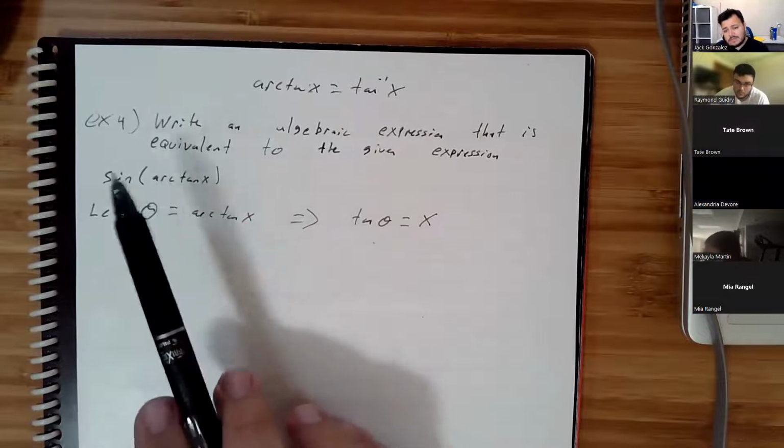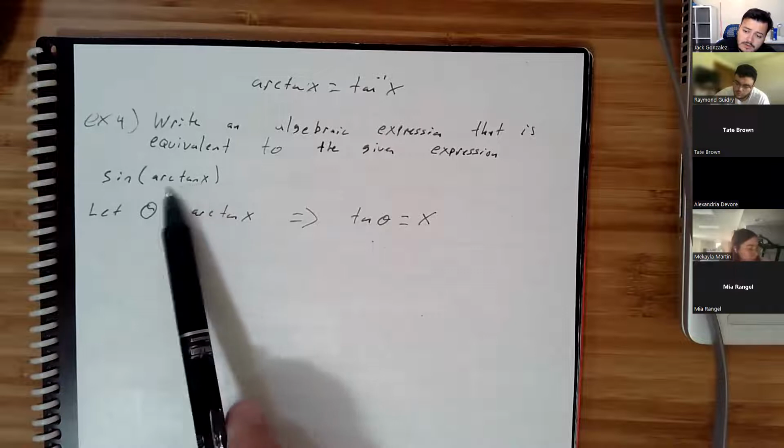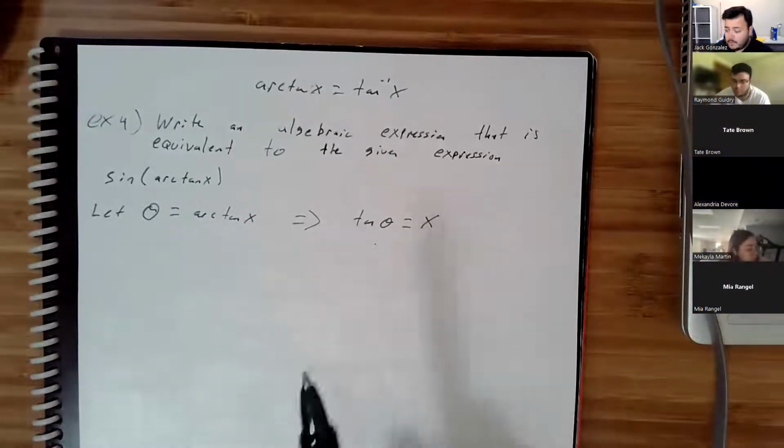Essentially what this is asking is, tell me what sine is given this information about arctan. That's what they want you to do. Okay.